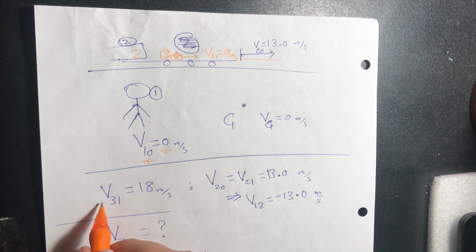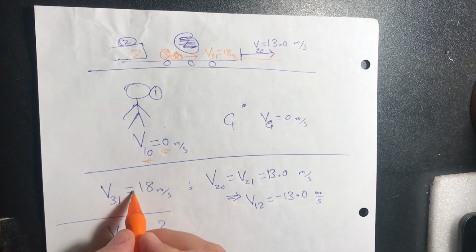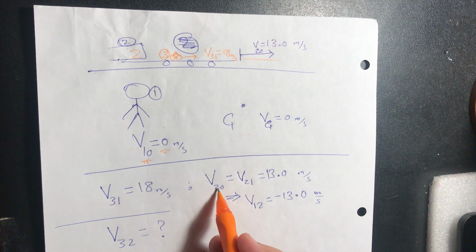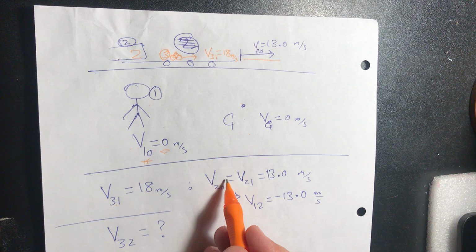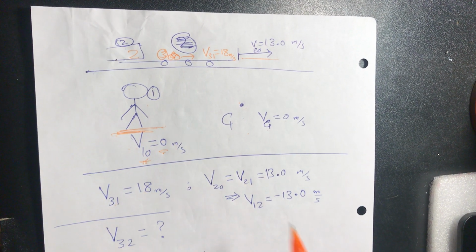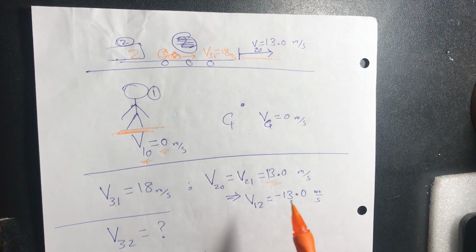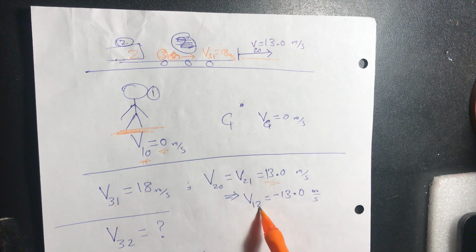So the velocity V3 with respect to 1 or to 0 is 18 meters per second. The velocity of the train with respect to the ground, or with respect to the stationary person on the ground, is 13. What is the velocity of the person with respect to the train?